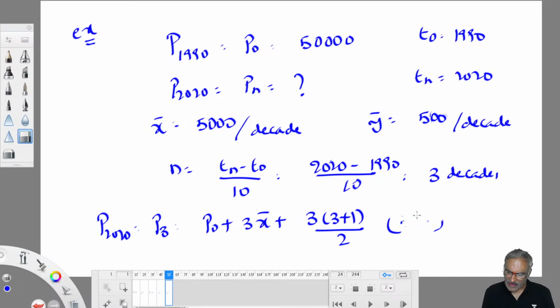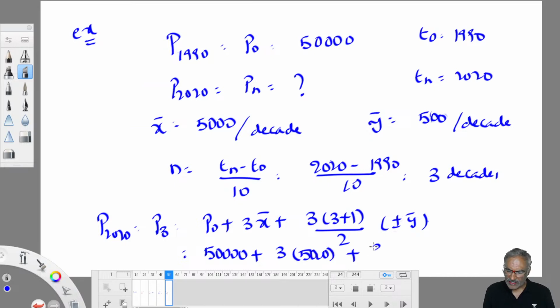So P0 is 50,000 plus 3 into X bar, which is 5,000, plus 3 into 3 plus 1 by 2 into plus 500.